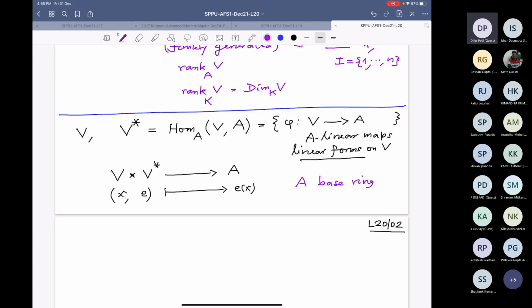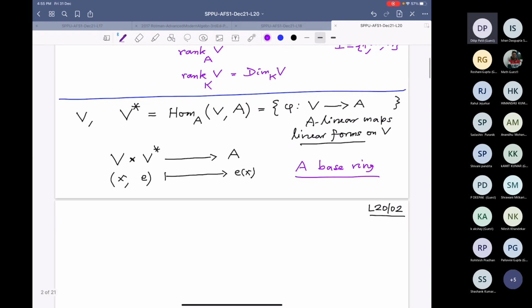And I will not keep saying commutative. For me, only commutative rings are there. Other rings, I have no feeling for them, essentially. And I don't know many non-commutative rings other than the matrix rings. All right.